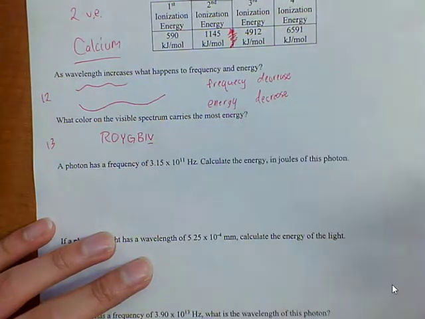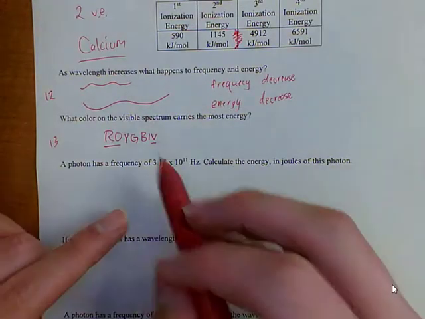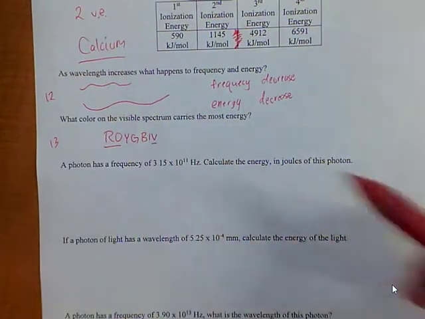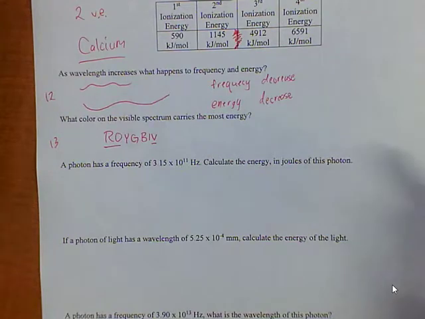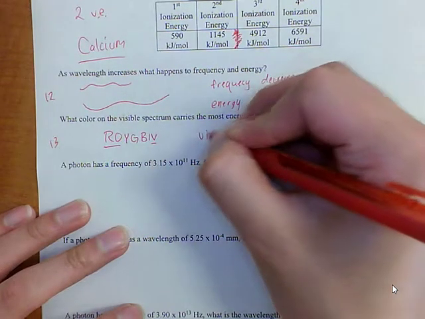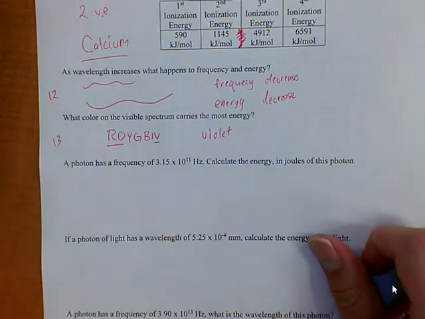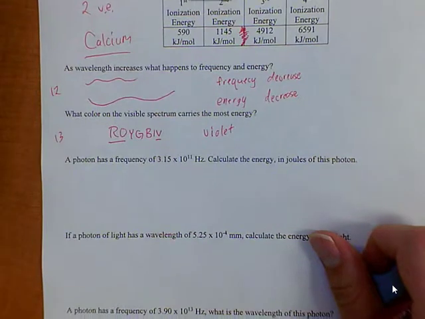Violet is the most energy, red is the least energy. So I think on your test, I would give you blue or orange, and you needed to know that that was the correct answer based off of your data. So in this problem, which color has the most? Violet. But if we're going in order, you would go backwards if I'm looking for most energy. Have to know every single color.